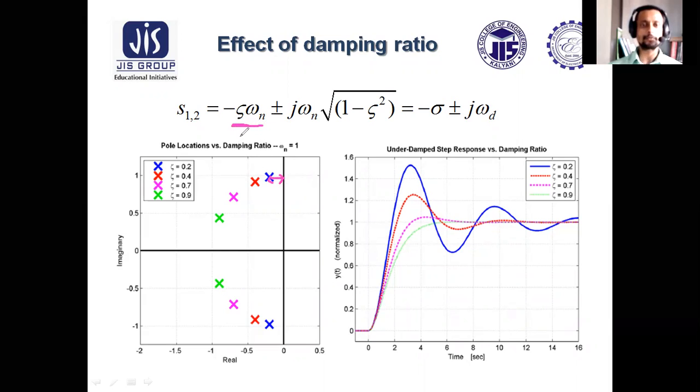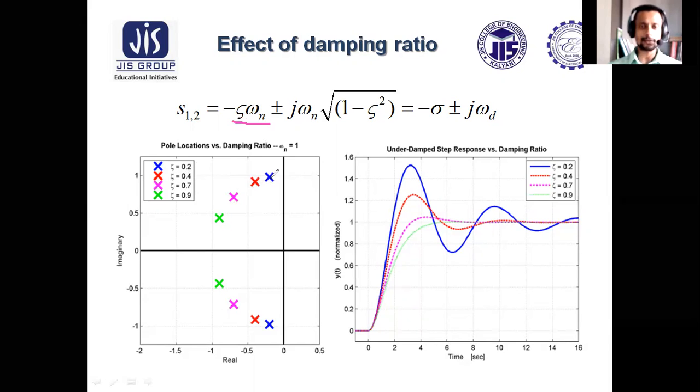As zeta increases, this term will be increased, so the real part will be increased. So this blue shows the pole location for zeta equals 0.2. This red shows the pole location for zeta equals 0.4.